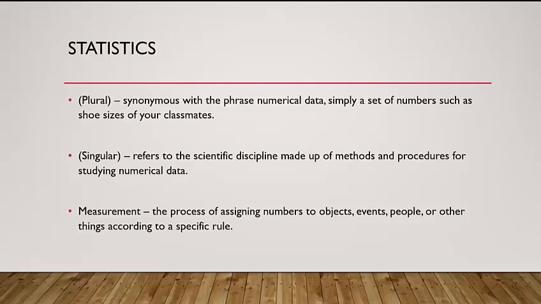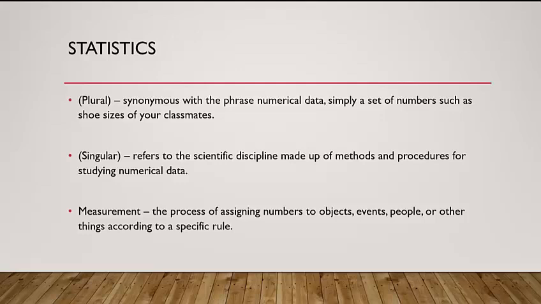And then finally, measurement is the process of assigning numbers to objects, events, people, or other things according to a specific rule. And what we're going to see is that we can quantify a lot of things with numbers like height, your GPA, and so forth.